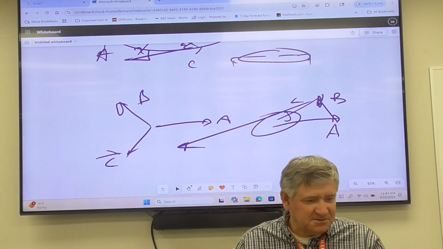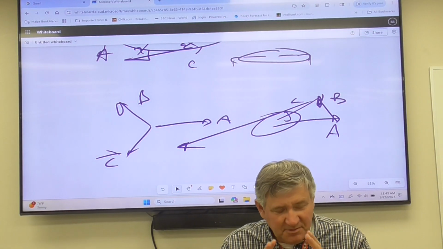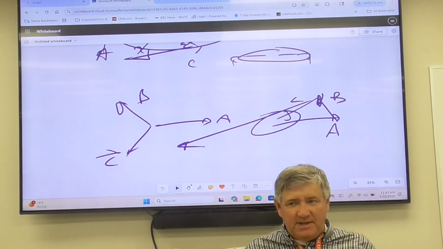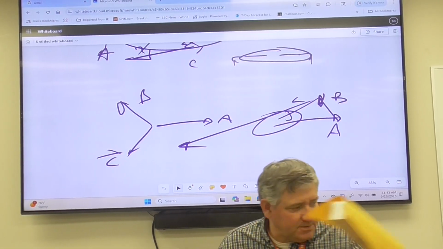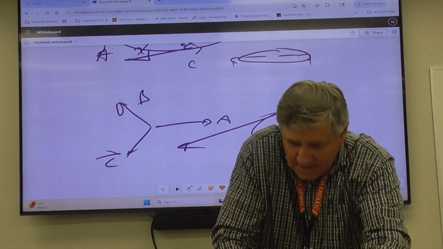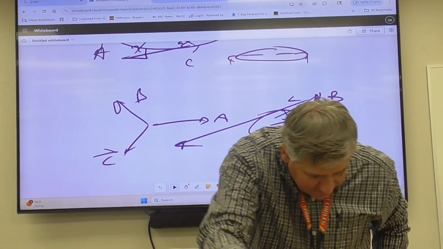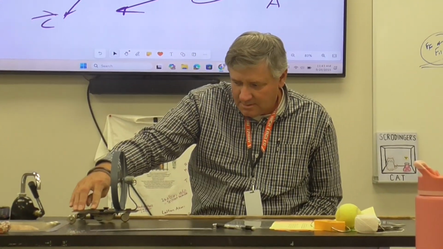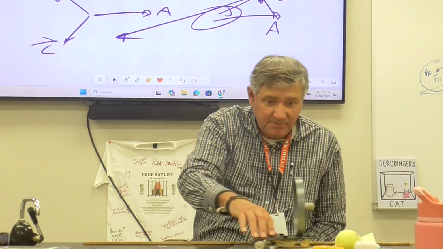Okay, sounds good. So what we're going to do is three different examples of how Newton's laws play out and how you can actually use this. The first thing we're going to use is this fan cart, which we've used before. I'm going to turn it on and let go of it, and it's going to begin to accelerate.